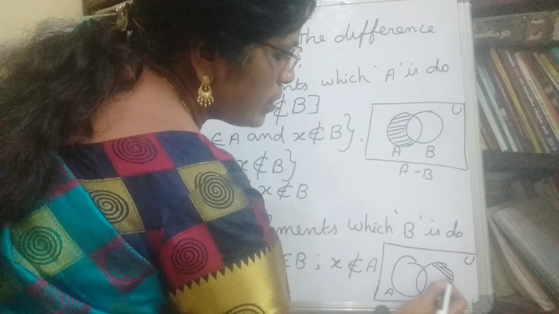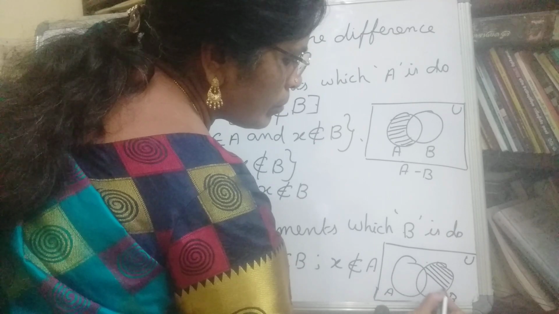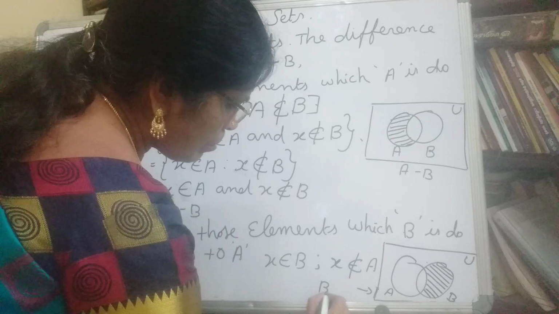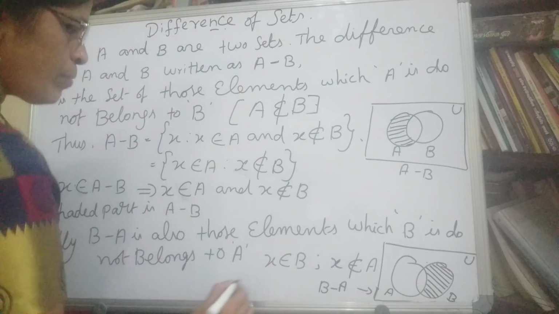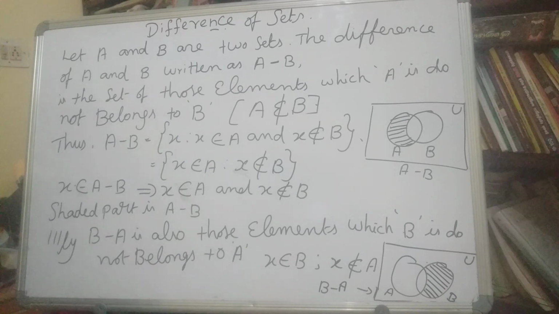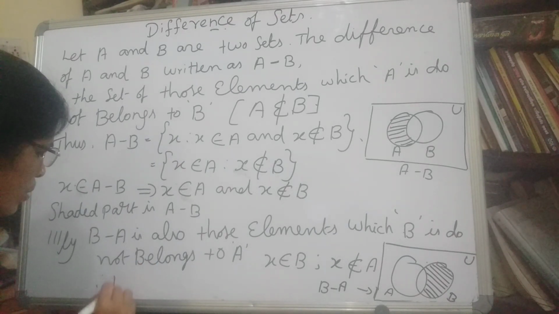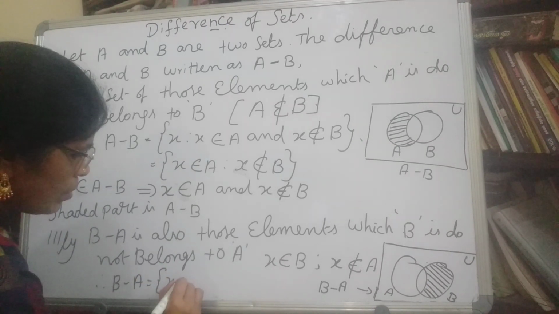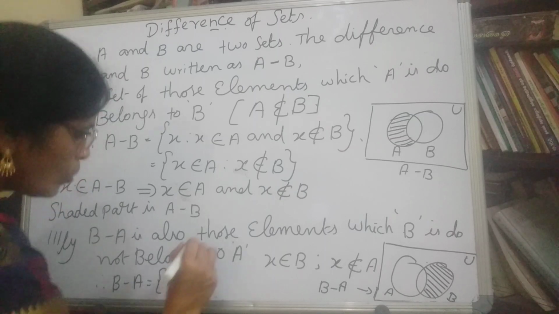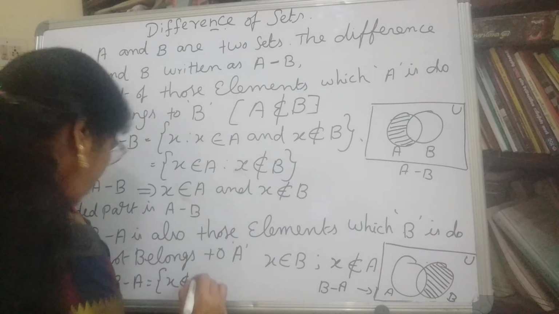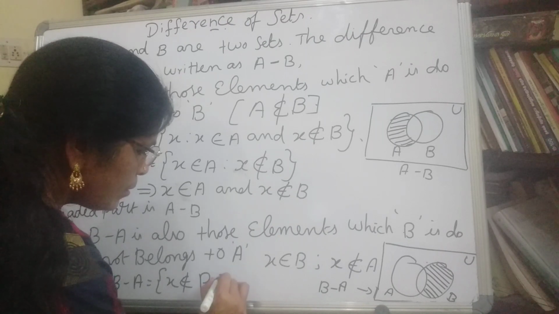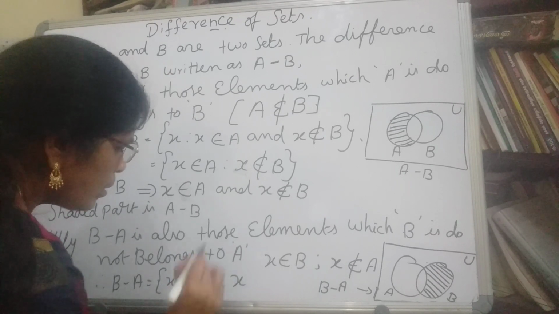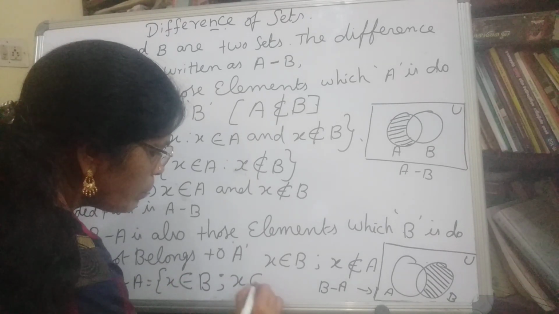This shaded area is B minus A. So therefore B minus A is the set of X belonging to B such that X does not belong to A.